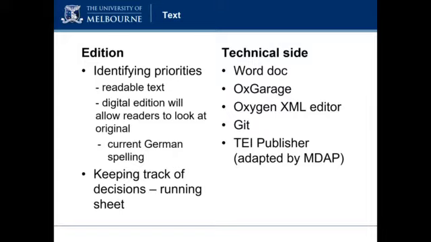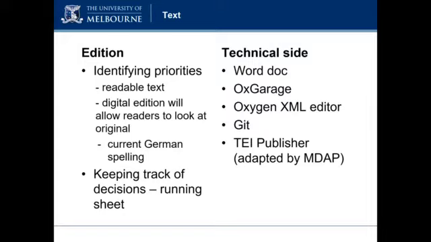And the most important priority ended up being having a readable text, because we felt that would make the text more accessible to potential readers and wouldn't discourage people. And this was also enabled by the fact that our end product, as we've explained, will have an image alongside the transcription.